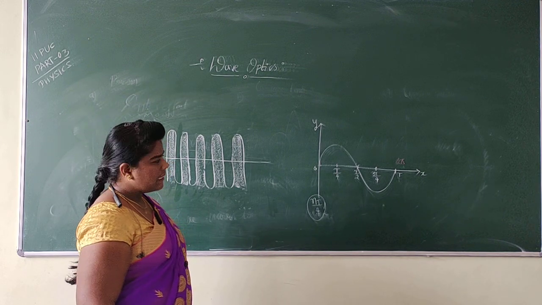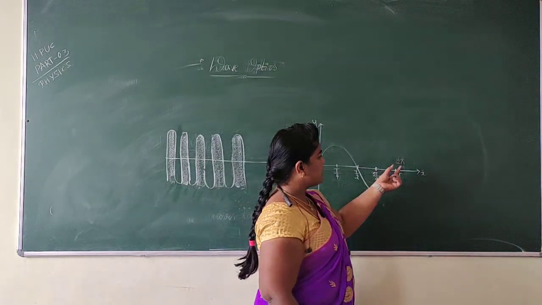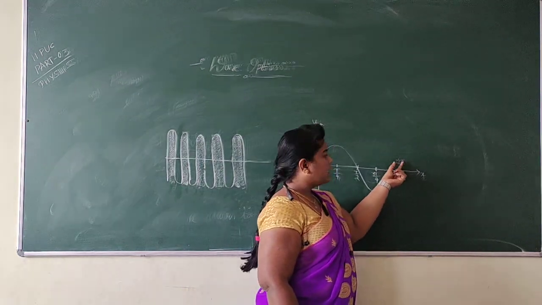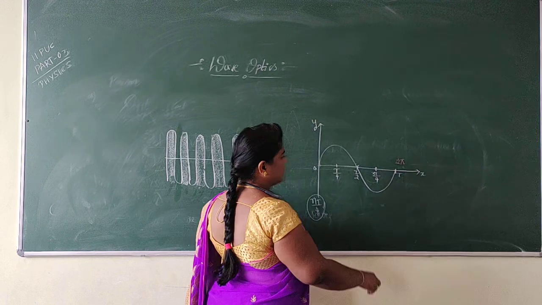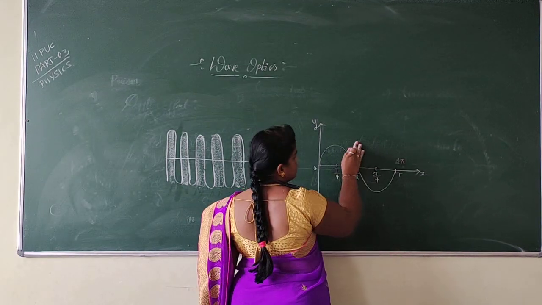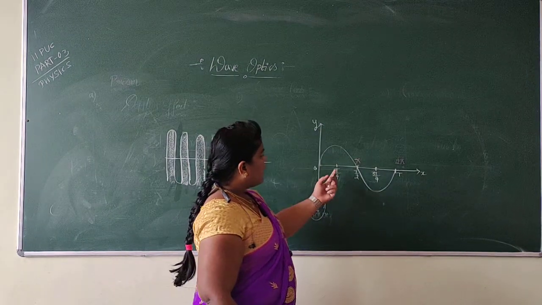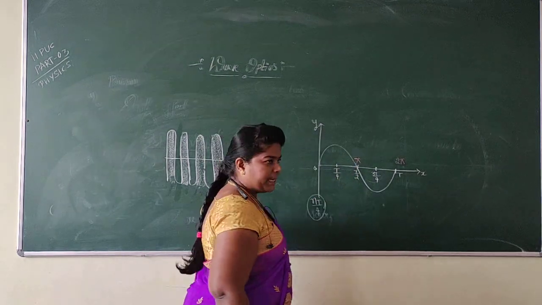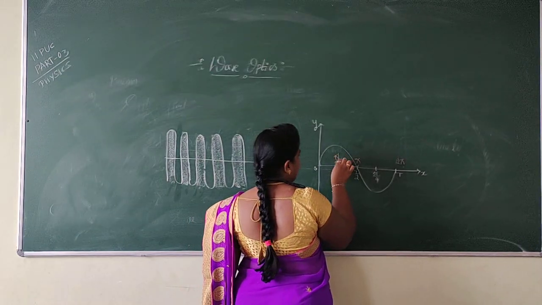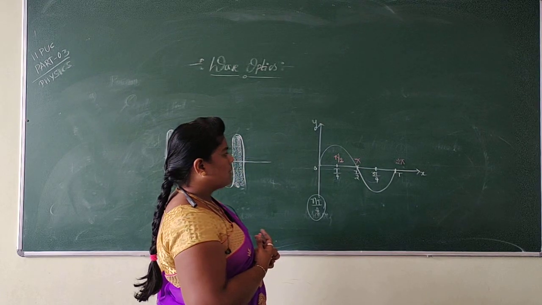It is capital T. Similarly, what is the phase? For one complete cycle, 2 pi is the state of vibration. So at this point how much is it? It is pi. I will write here, this becomes pi. At this point it is half of that, so it becomes pi by 2. Now it is varying in terms of pi.